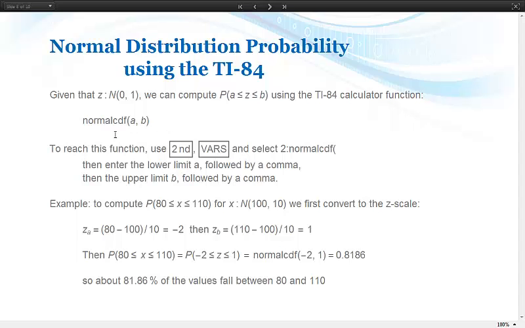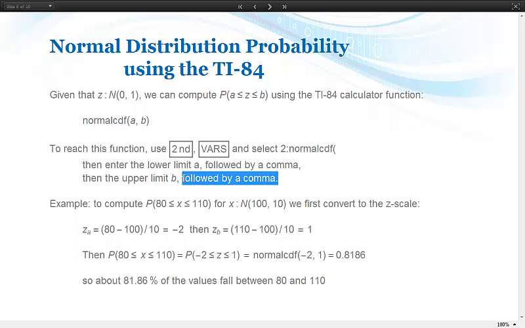To reach this function, we use the buttons on the calculator. Second vars, which is actually the distribution button, and then we select the second entry, NormalCDF. Once NormalCDF appears on the screen, we enter the lower limit, A, followed by a comma, and then the upper limit, B. We don't follow it with a comma.